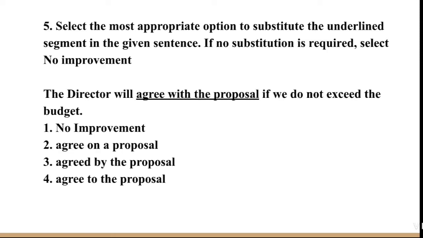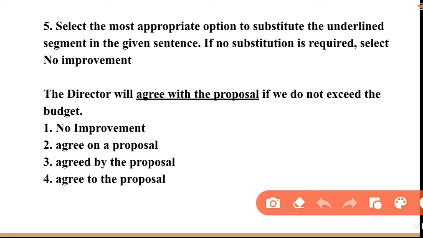Select the most appropriate option to substitute the underlined segment of the given sentence. If no substitution is required, select no improvement. If you think that the underlined portion of this sentence is erroneous, then you need to find out the correct option, the correct substitution.